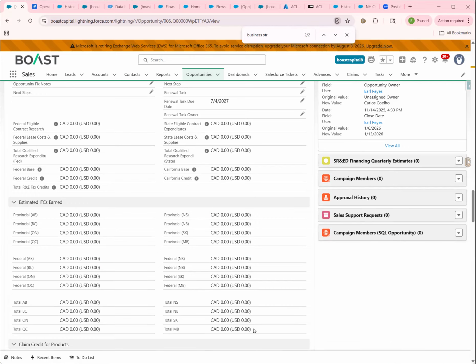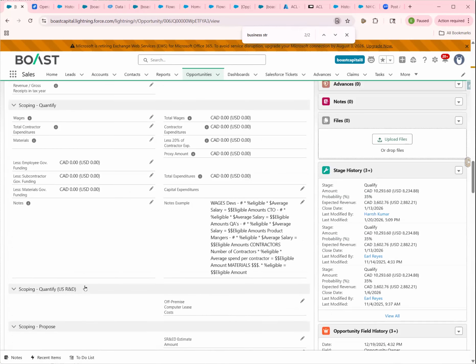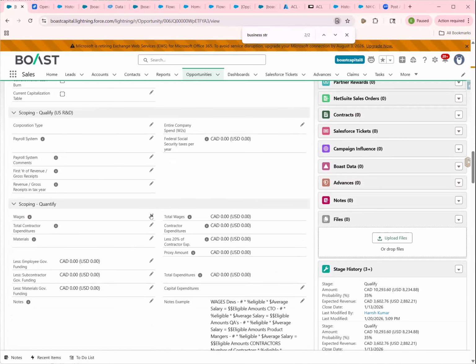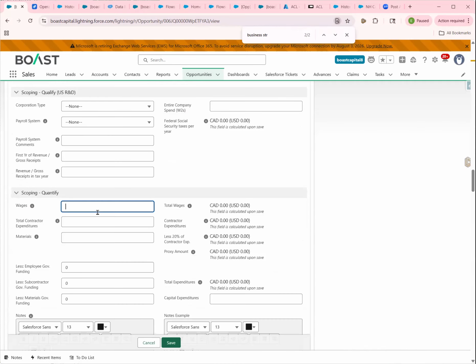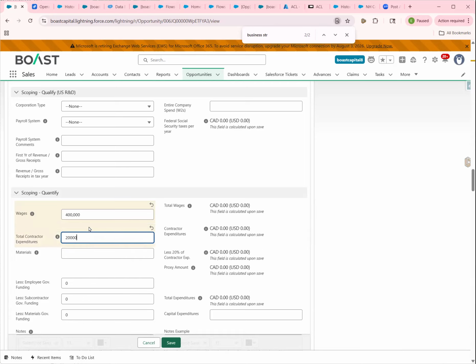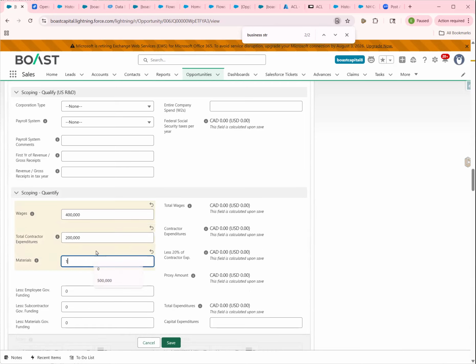I haven't looked too closely into the sales motions, but I just wanted to show you that this estimate, you see how now it reverts to zero because I took it all off. But in theory, what you can do is populate what I had here before. I'll put it back: 400, 200, materials 100.